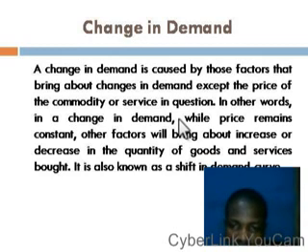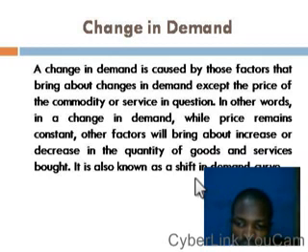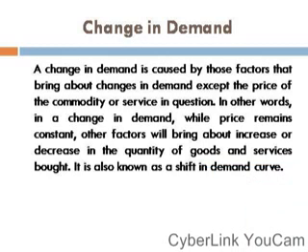It is the change in other factors apart from the price that usually bring about a change in demand or a shift in demand. In other words, in a change in demand, while price remains constant, other factors will bring about increase or decrease in the quantity of goods and services bought. It is also known as a shift in demand curve.